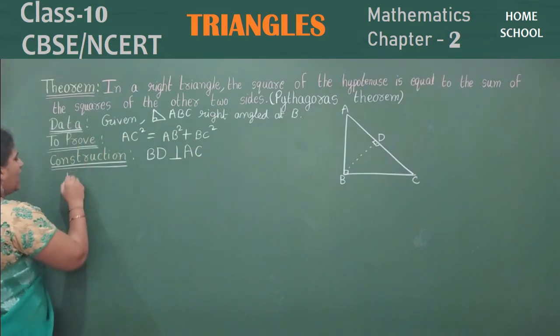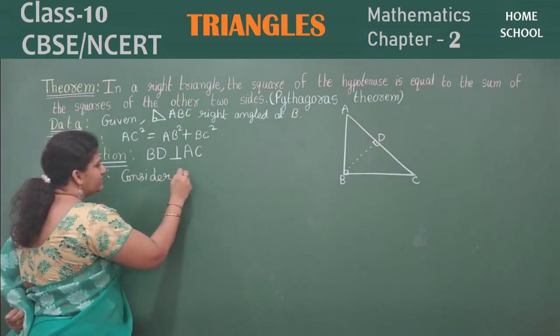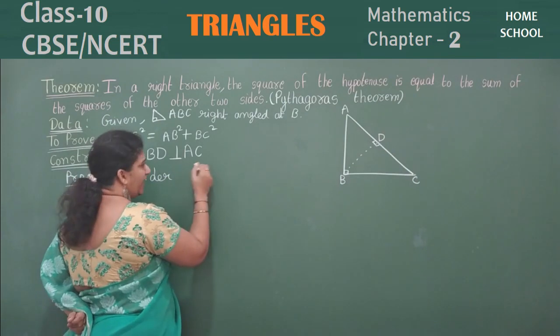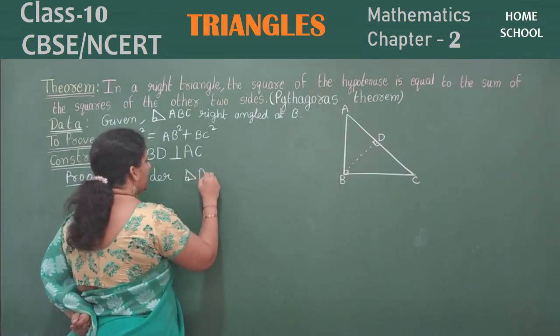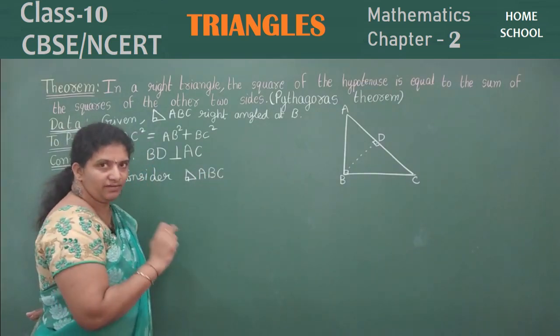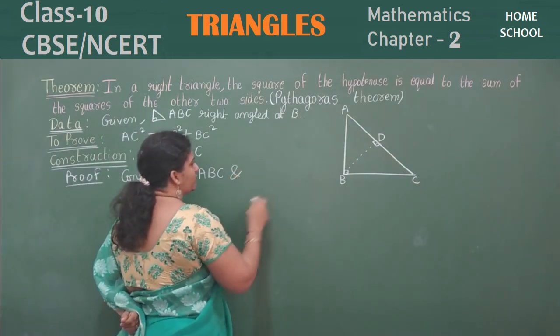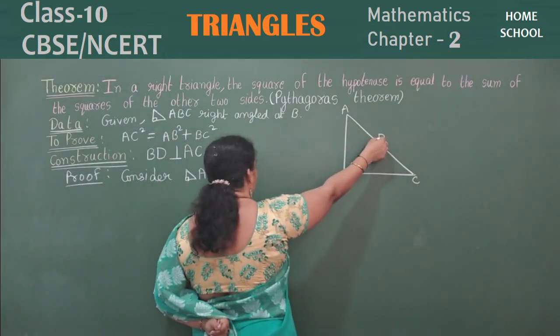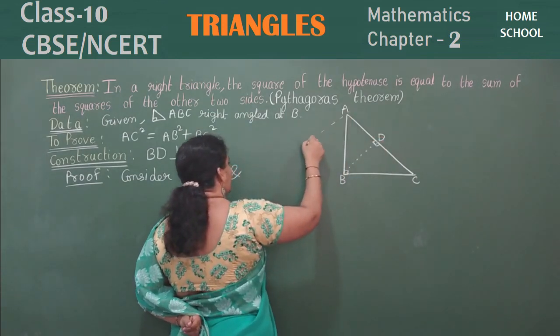Next, how do we start our proof? Consider triangle, you can write right triangle also, right triangle ABC. And what is one more triangle? Let's take this triangle. Cut the point here, D. Lift it here, again same manner.